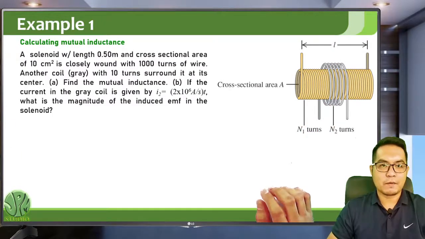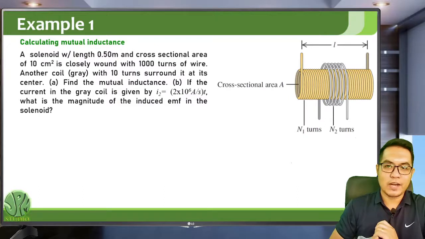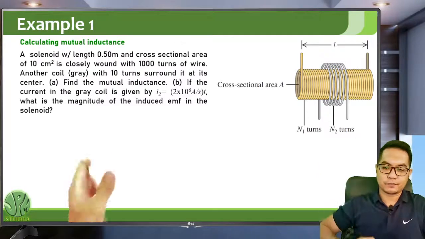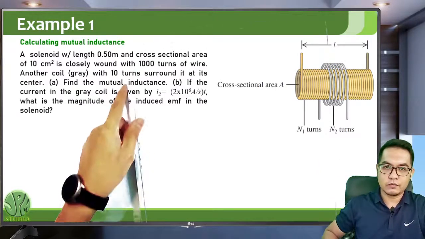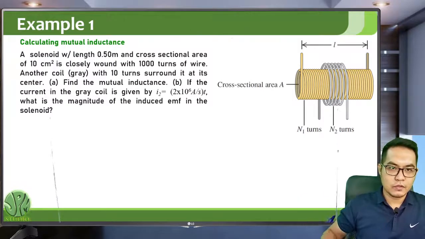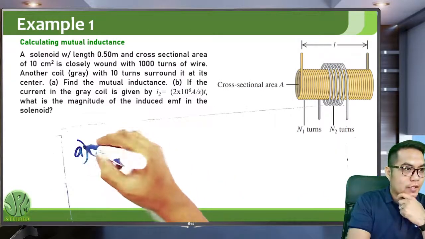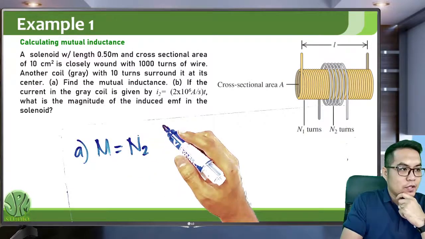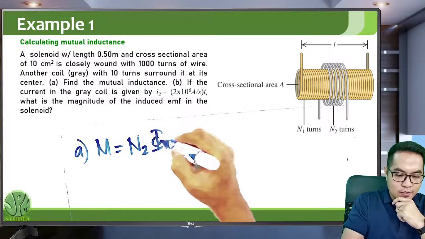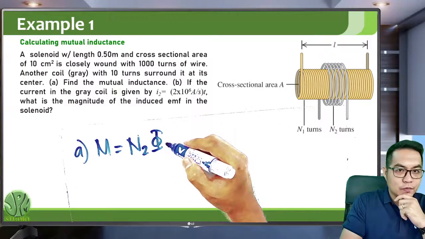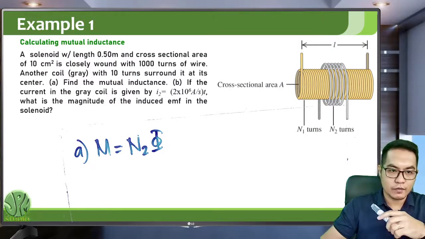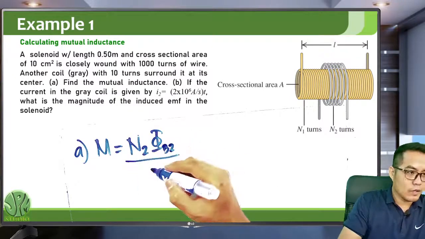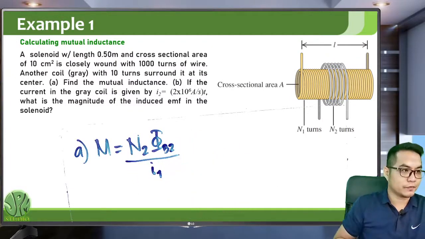Okay, first problem: find the mutual inductance. There are actually two formulas, and you can just choose either of them. For letter A, I'm just going to use this one: the number of turns for loop 2, N2, and then the flux through loop 2, over I1.